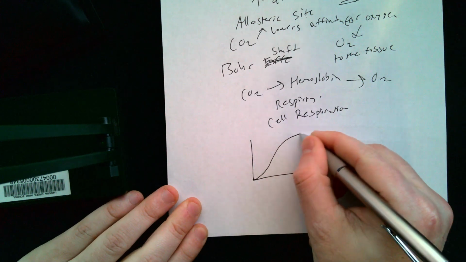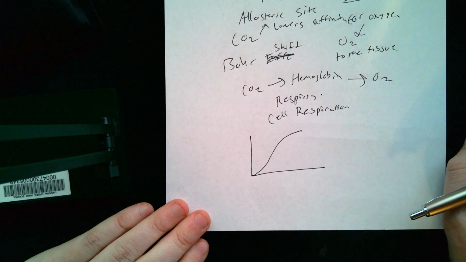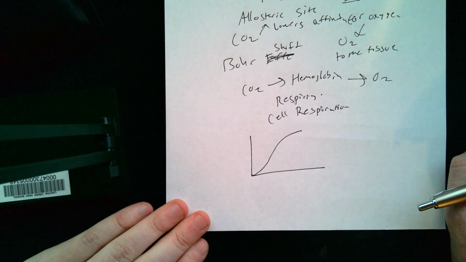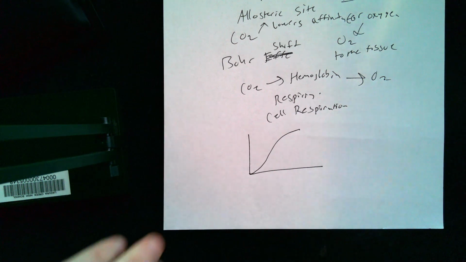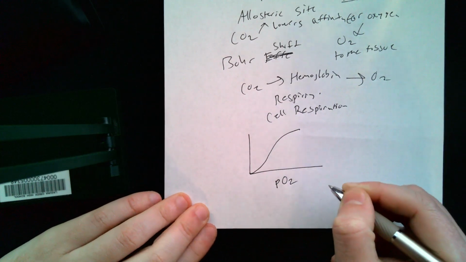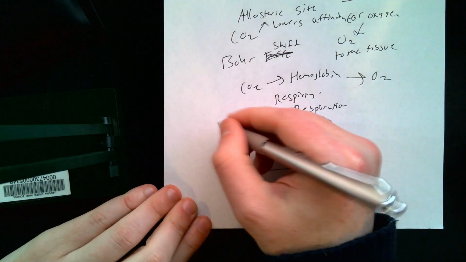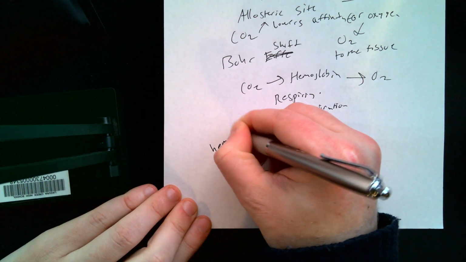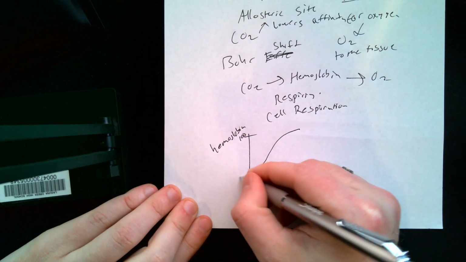It's an S-shape curve that looks like this. Okay, so what does this graph actually mean? Here we have the pressure of oxygen, or the partial pressure of oxygen, excuse me. Over here we have the hemoglobin saturation. So how much of the hemoglobin? At the top we have 100, at the bottom we have 0.